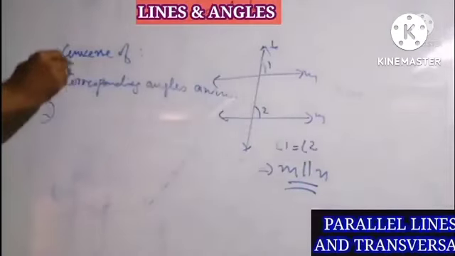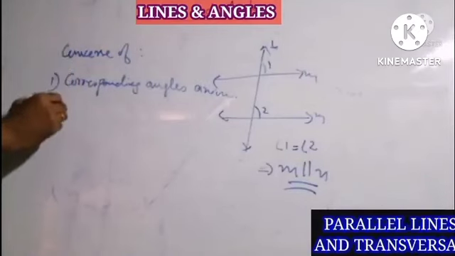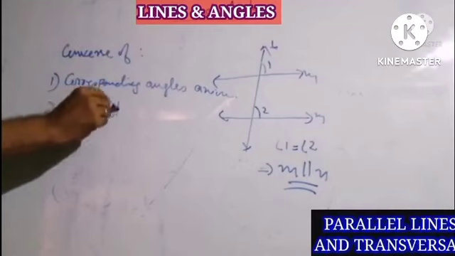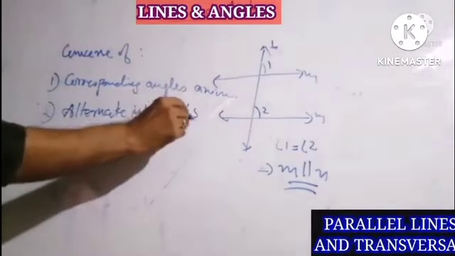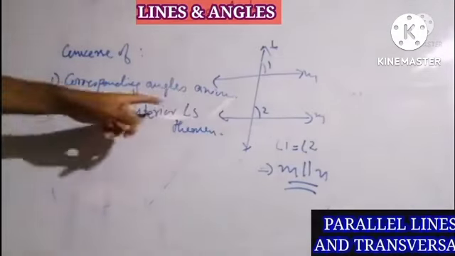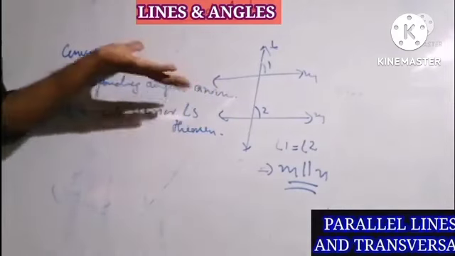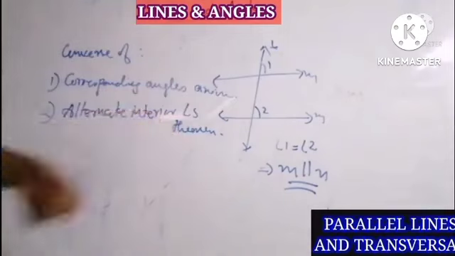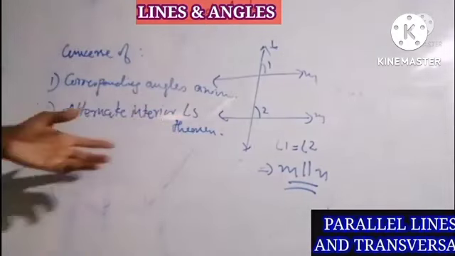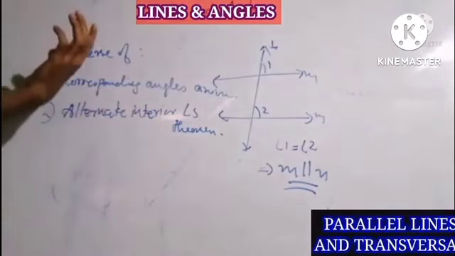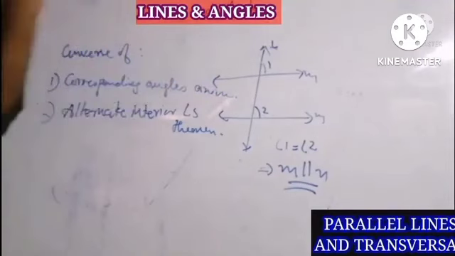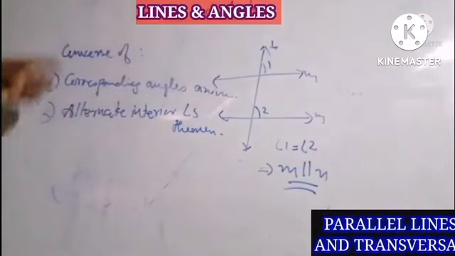Second case, again a converse, the converse of the alternate interior angles theorem. The difference between a theorem and an axiom: an axiom is a statement which needs no proof, but a theorem needs proof. We prove this alternate angles theorem with the help of the corresponding angles axiom.